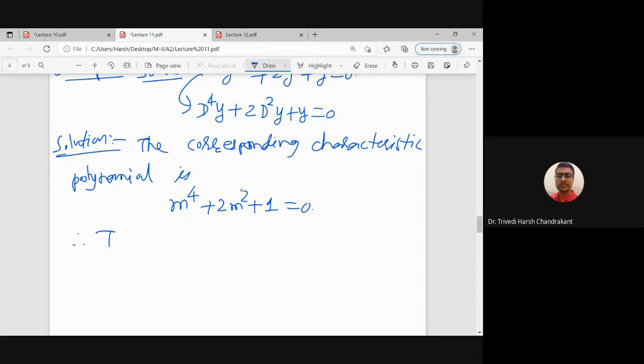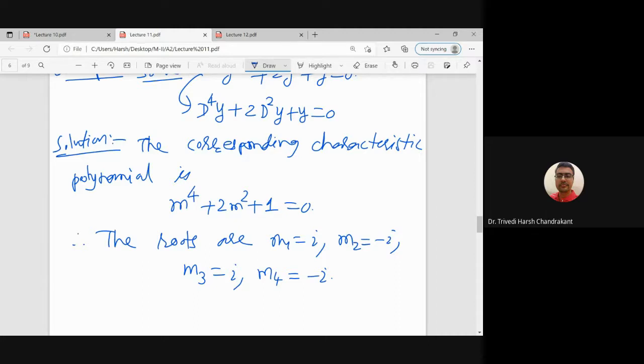So therefore the roots are m1 is equal to i, m2 is equal to -i, m3 is equal to i, m4 is equal to -i. Two roots are the same, and the other two roots are also the same, -i and -i.